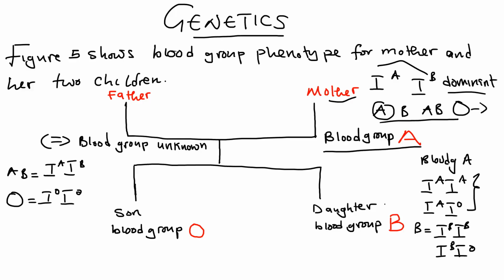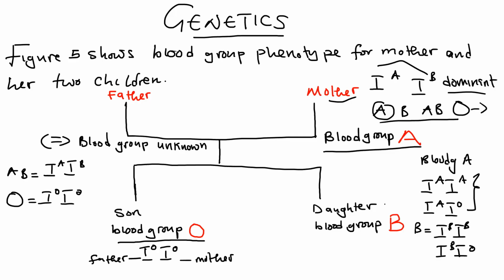For you to answer this question, you look at the children. This one has blood group O. Do you know what it means if it has blood group O? It means the alleles for this blood group are O and O. One is inherited from the mother, and the other is inherited from the father.